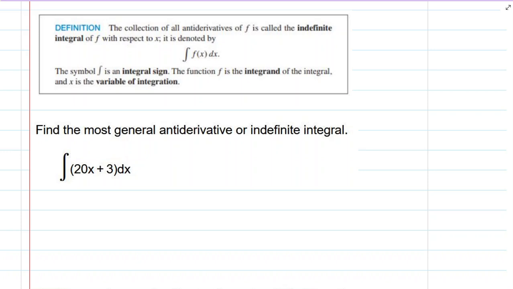Is everybody comfortable with that? And then it states the symbol is an integral sign. The function f is the integrand of the integral, and x is the variable of the integration. All right.